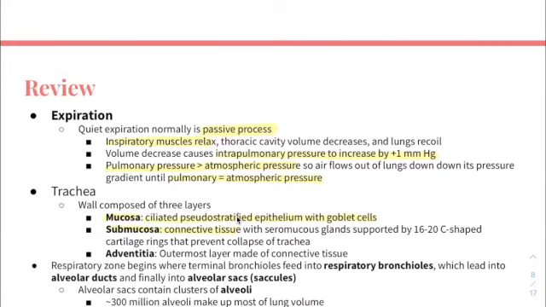So we have that connective tissue underneath that epithelium. We're also going to have those hyaline cartilage rings. That's what keeps your trachea from collapsing. They're going to hold your trachea in place. Then we have an adventitia. That's that outermost layer of connective tissue.